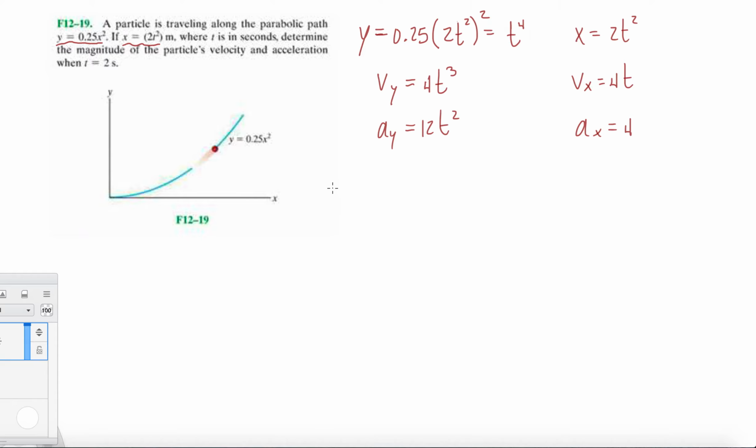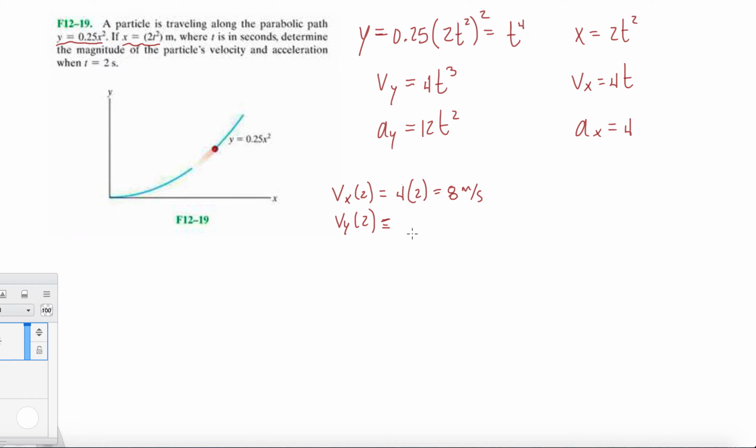So let's do Vx at 2 seconds and Vy at 2 seconds. Okay. So let's just plug in 2 wherever you see a t, right? So in the x direction, we have 4 times 2, and that's 8 meters per second.